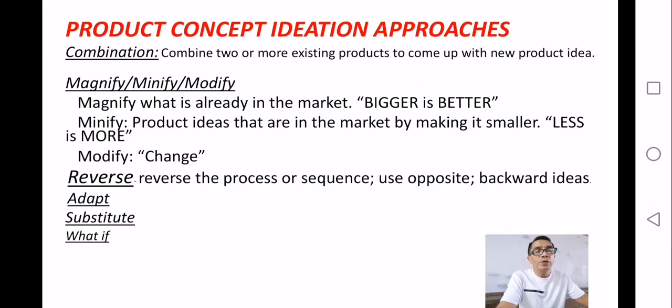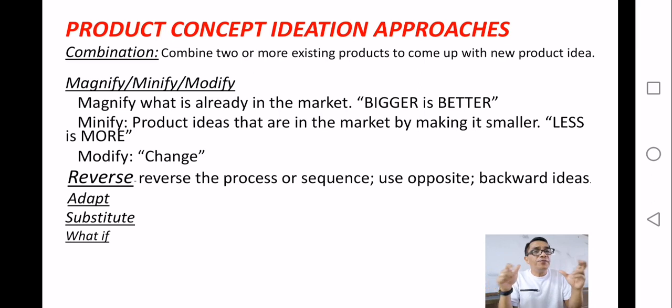So actually, one way that we can approach a product is by simply combining several existing products in the market already. So for example, product A is very useful for our consumers, and product B is also very useful for our consumers.